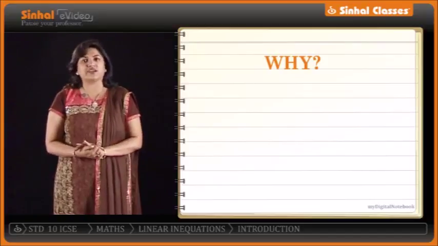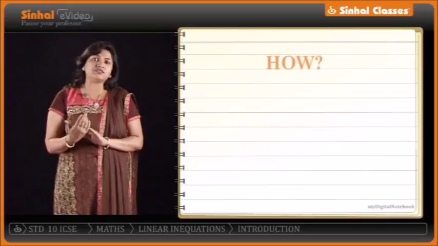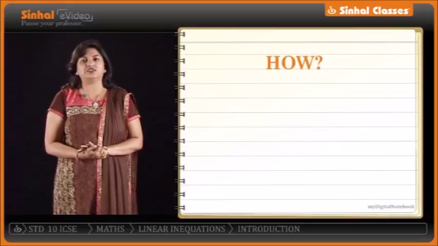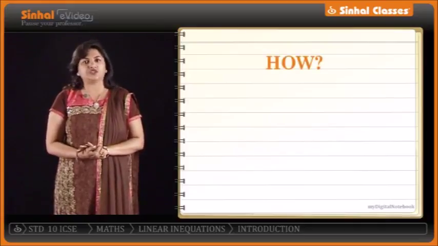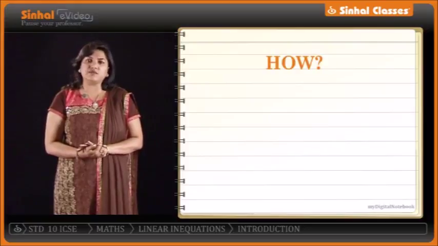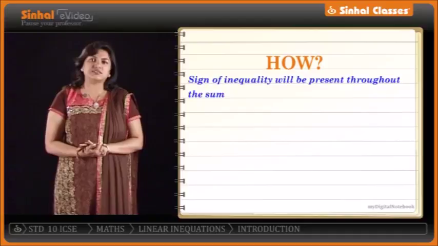Now, next question that comes to our mind is, how do we solve a linear inequation? A linear inequation can be solved in the same way like a linear equation. The only difference is we maintain the sign of inequality throughout the sum.